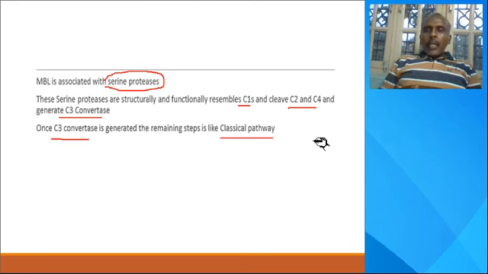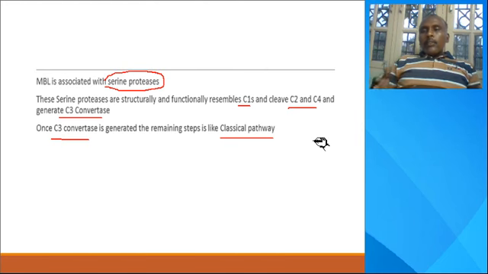So how is the antigen identified? Antigen surfaces have low sialic acid content, but the host cell surface contains a high level of sialic acid.